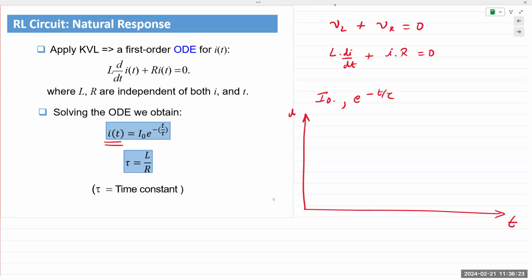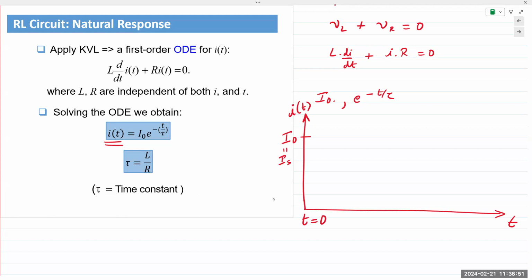So if I was plotting I of t, this would be I0, which is equal to IS. That's the max value. So at t equal to 0, the inductor current has a maximum value of I0.